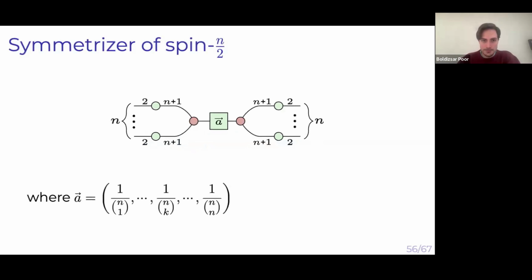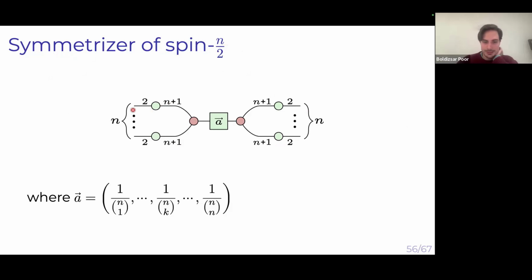So first of all, something quite interesting that we have since been working on quite a lot is spin networks. So this is the mixed dimensional Z spider, and we show that the symmetrizer of a spin n over 2 can be represented as the following diagram.